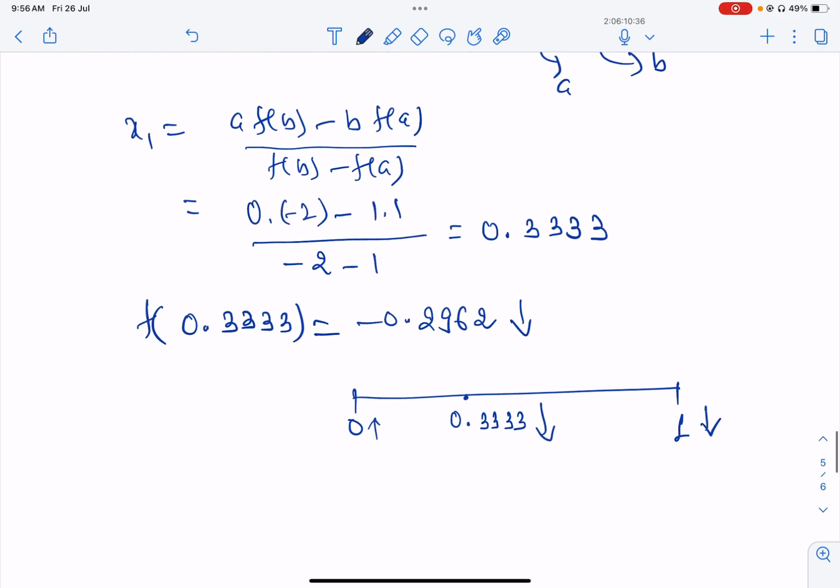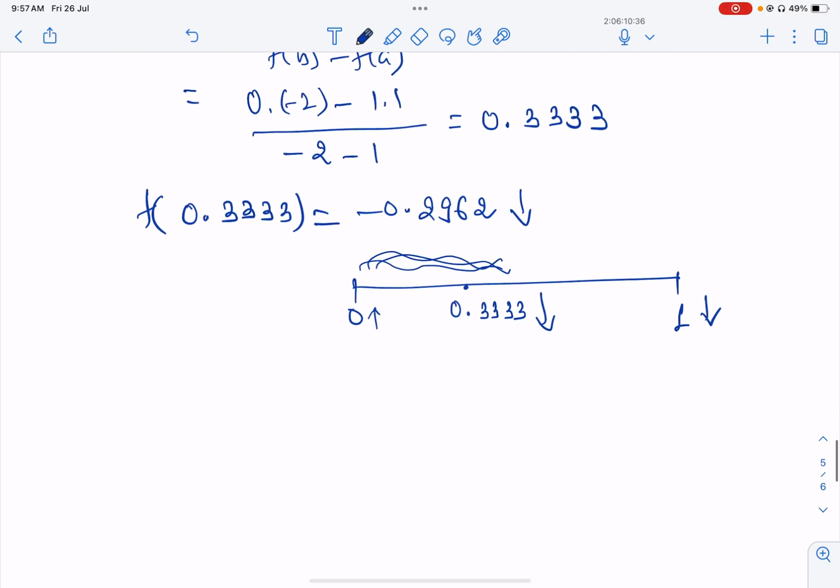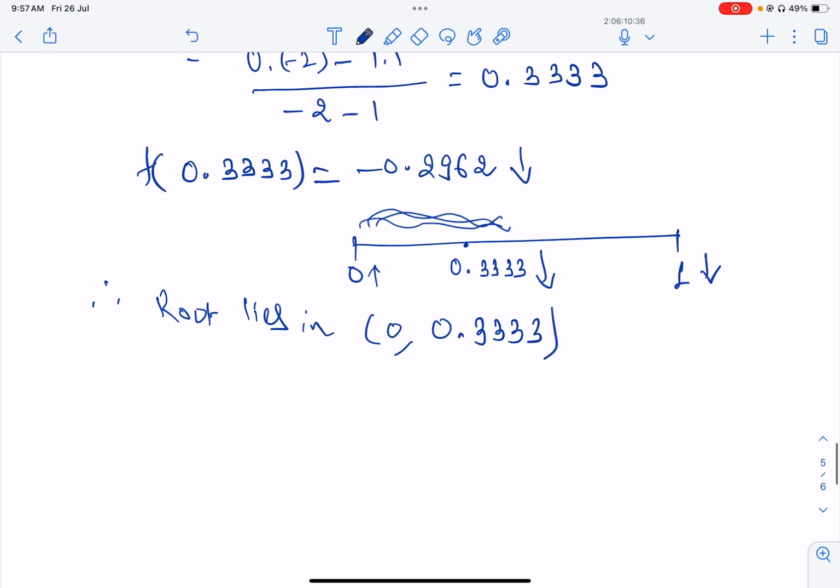So now you can see that root lies between where? The root lies between this positive and negative. So you can say that root lies in 0 to 0.3333. Okay, this is the way.